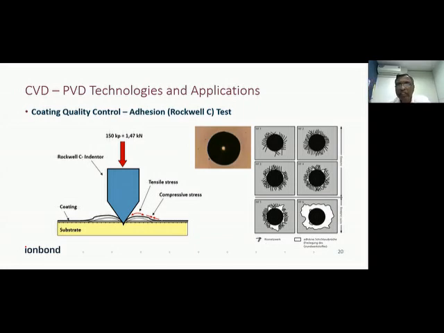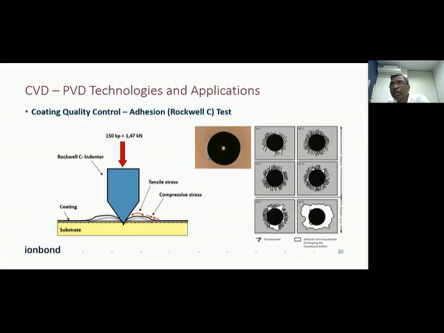There you will see this kind of picture. If there are any cracks along that indentation, then depending on the intensity of the cracks, we can say whether the coating adhesion is good or not, acceptable or not acceptable.